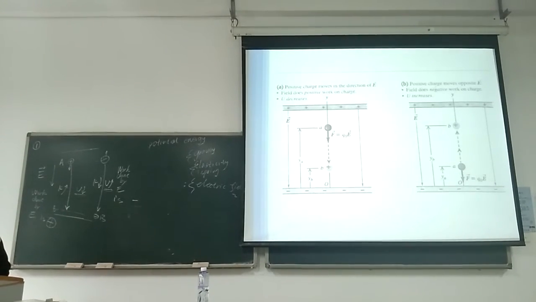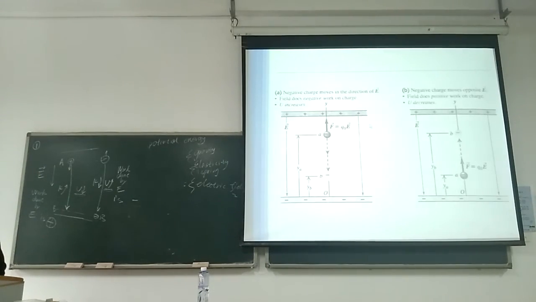And when the positive charge moves opposite to the electric field, the field does negative work on the charge, and the potential energy increases. However, for a negative charge, if it moves in the direction of the electric field, the field does negative work, and the potential energy increases, which is exactly opposite from that of the positive charge.